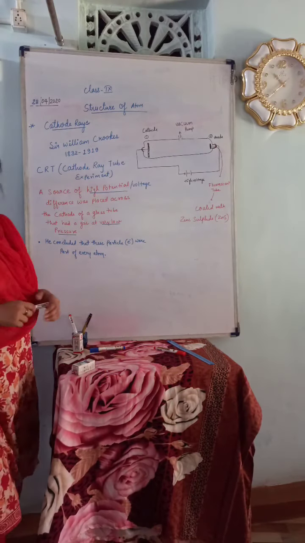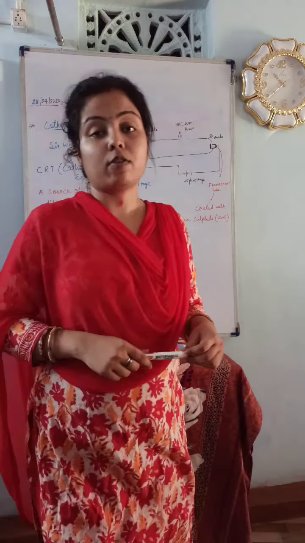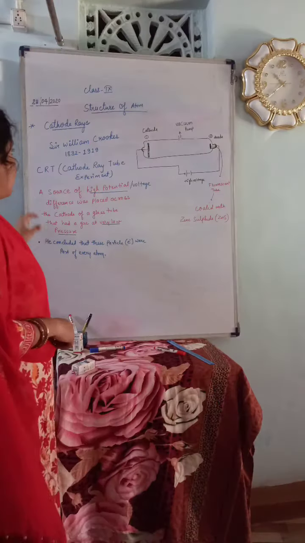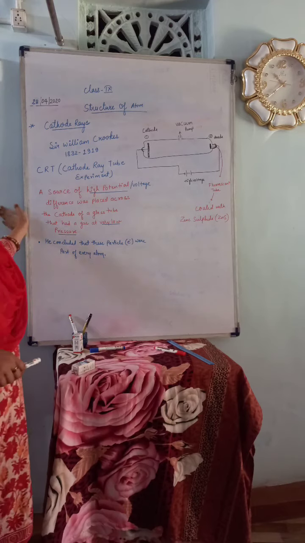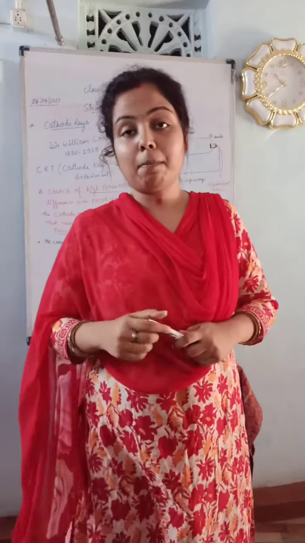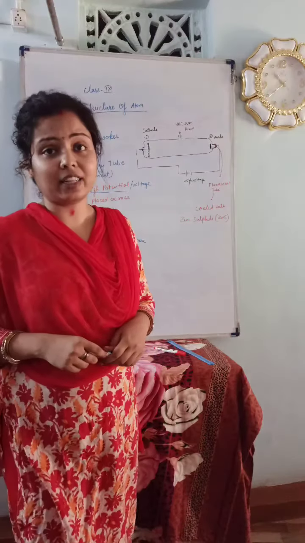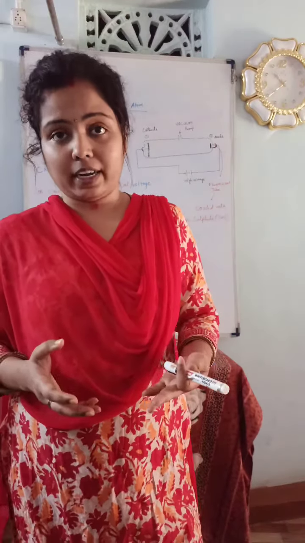Students, today we are going to start our new topic from the chapter Structure of Atom. Today's topic is cathode ray. In 1830, Michael Faraday did many experiments regarding the properties of current.